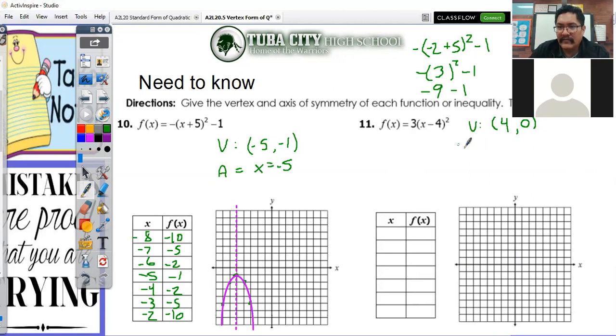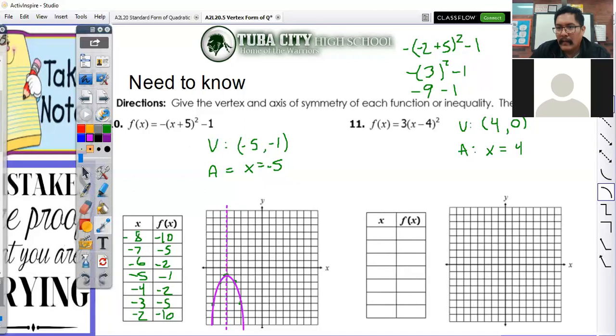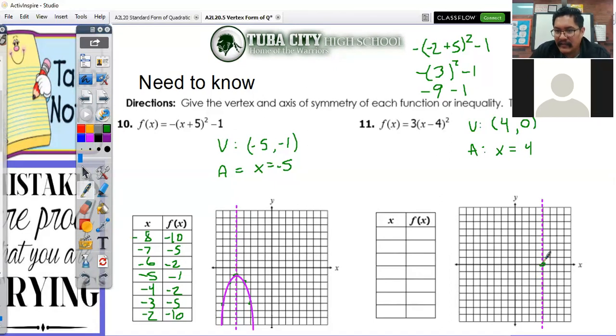And next thing we have to do is our axis of symmetry, which I'm just going to label again A, and that is x equals 4. Let me mark it on the graph. And again, I don't need to guess, it's right there, over 4.